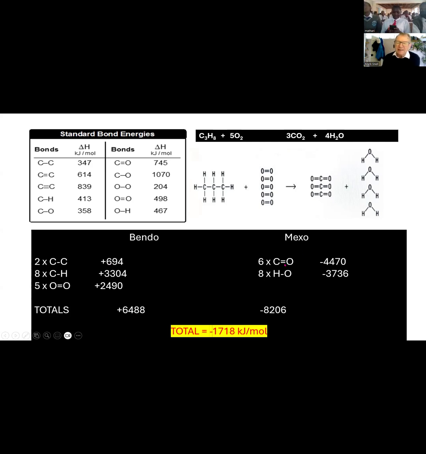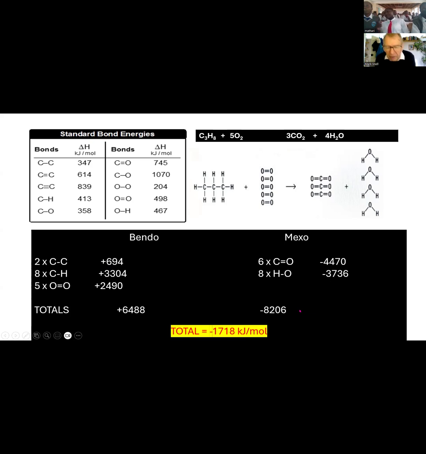The making is easier because we've got 3 carbon dioxides, that's 6 of the C double bond O's, which is negative 4470, and 4 waters, which makes it 8 HOs, 3736. So the total making is negative 8206.